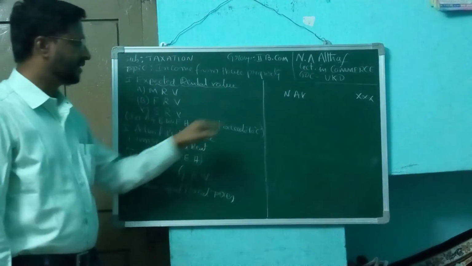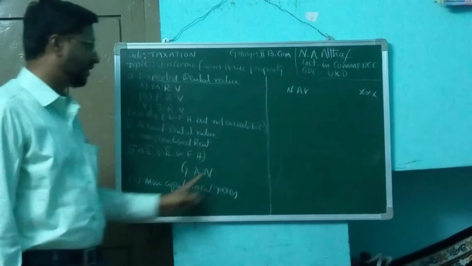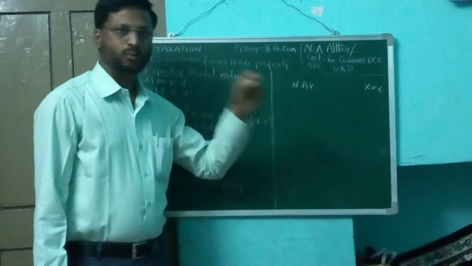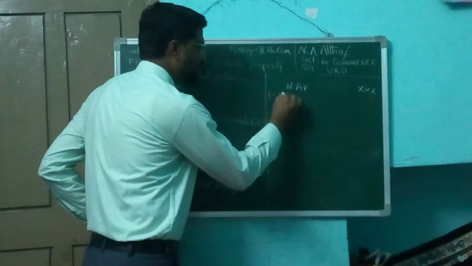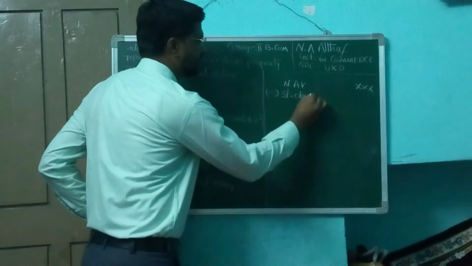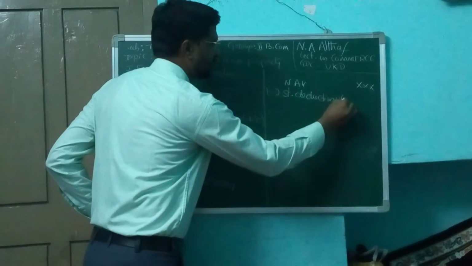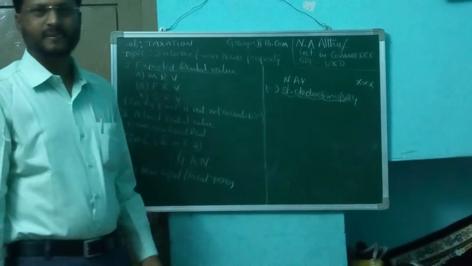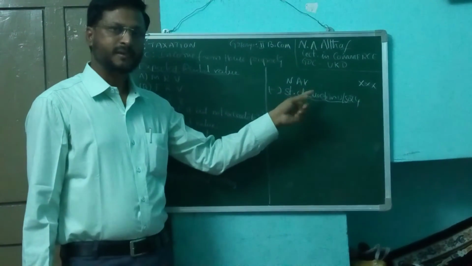Okay friends, by deducting the municipal taxes from the gross annual value, we get the net annual value. Once we get the net annual value, standard deductions under section 24 are applied automatically.